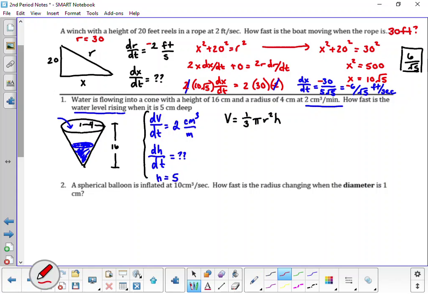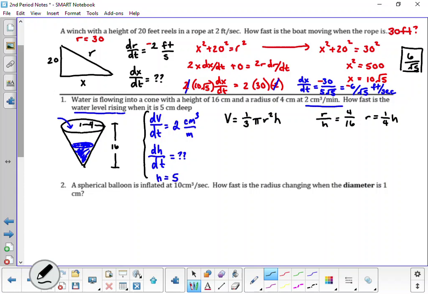Similar triangles from back in the day, right? So the ratio of the radius to the height is 4 over 16. So the radius equals 1/4 the height always. No matter what the water level is, it will always be 1/4 the height.